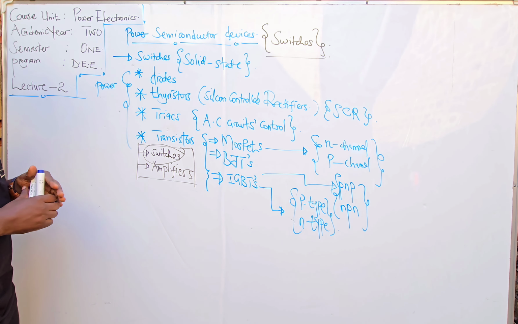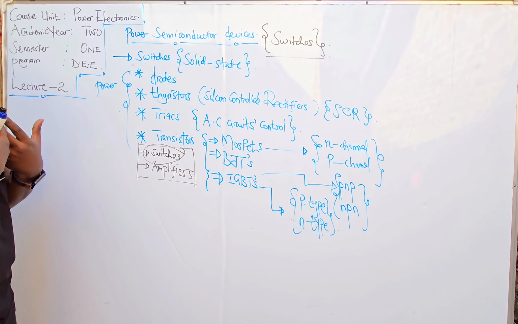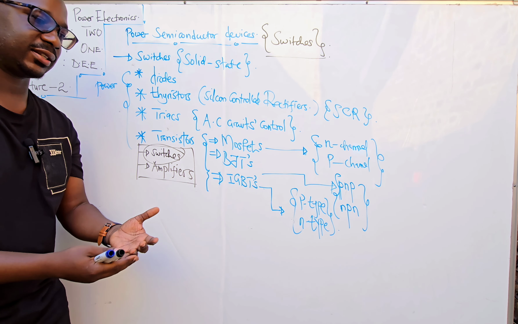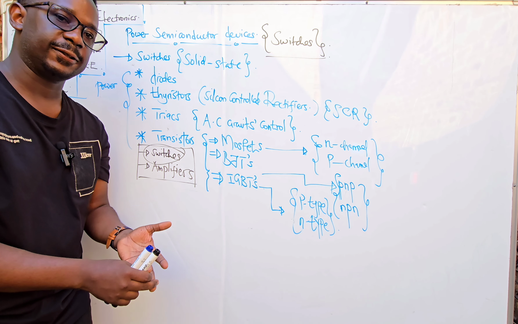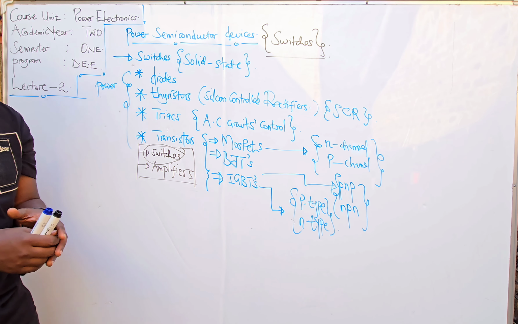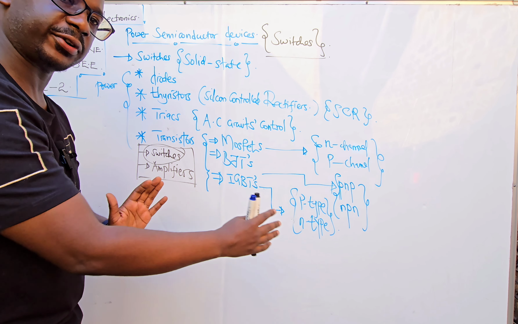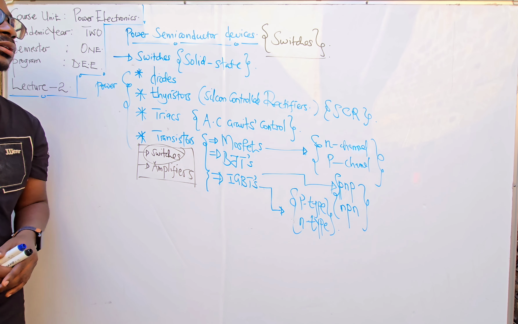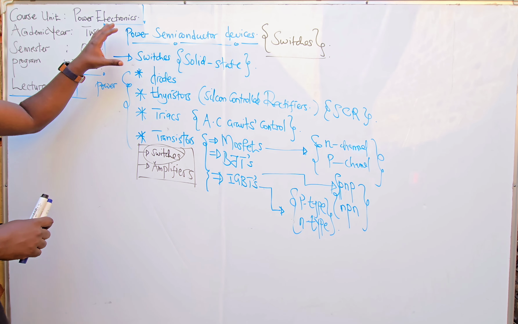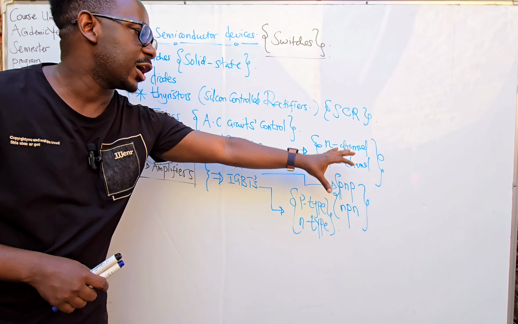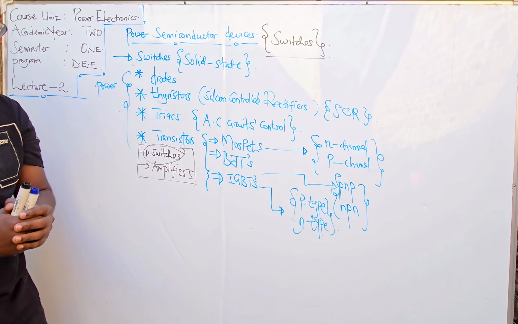We will later on compare them, so that now when we start the conversion part, the converters that convert AC to DC, DC to AC, DC to DC, AC to AC, and manipulating other parameters in between like frequency, phase, and so many. We will need to understand how these operate before we go to the applications.